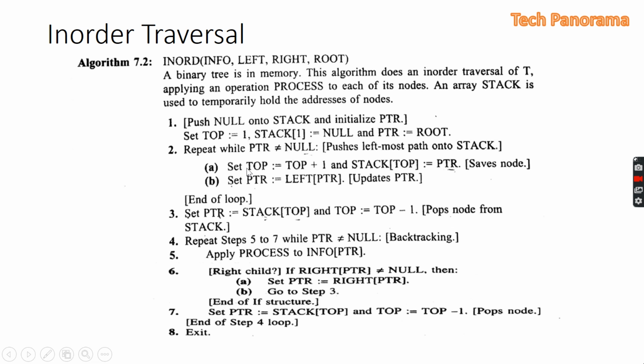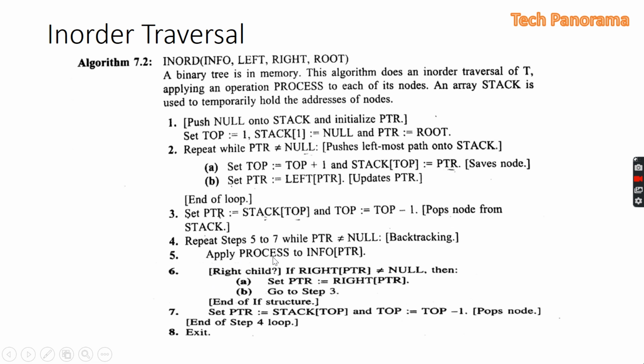This process of moving to the leftmost will go on till the PTR is equal to null. When there is no left child, we will pop the element from the stack. For popping we will use PTR equal to stack of top and top equal to top minus 1. Then we will again go to the process of applying till the PTR is not equal to null.